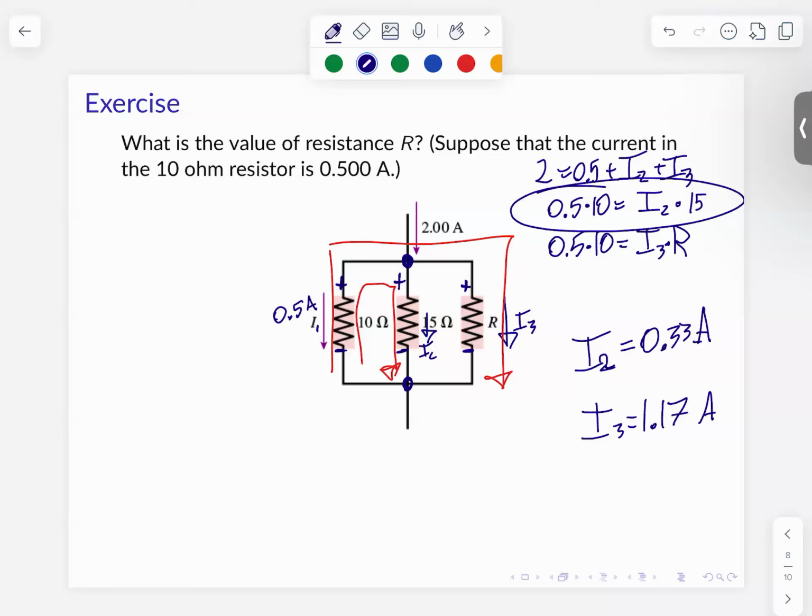Do you see where I'm getting that from? Plugging into number 1? Yes, absolutely. If I take I2's value and shove it up there, I have 2 equals 0.5 plus 0.33 plus I3. How do I get I3?